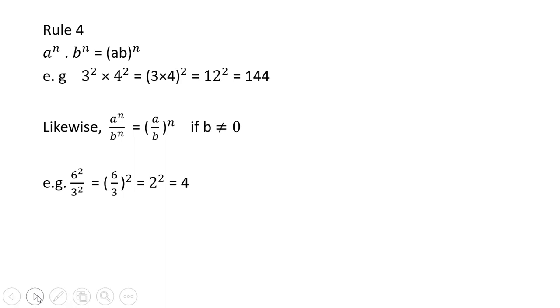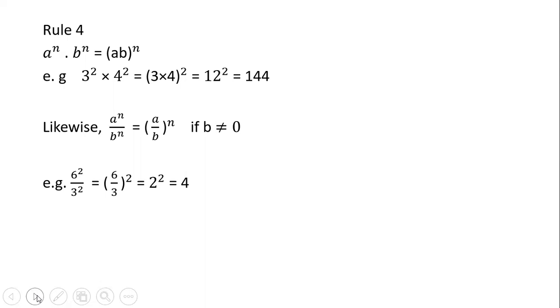Likewise, if we have division and the index is the same, we still raise that base of a fraction to that same index. But this can only be done if the denominator is not equal to 0, because we do not divide anything by 0.